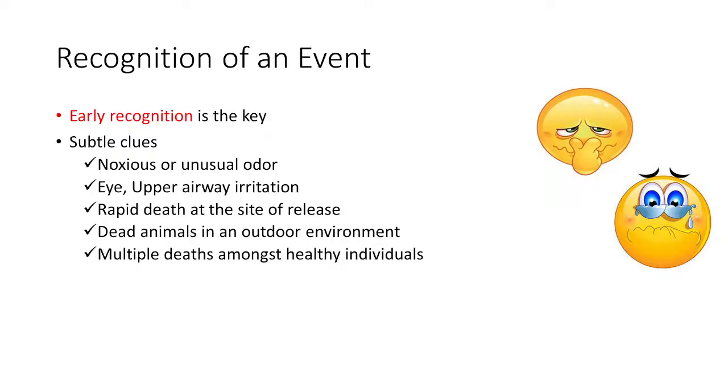There is some unusual odor, some irritation, and apart from that, they will also report that a lot of healthy people, who were earlier healthy with no comorbidity, are dying with the same signs and symptoms. There may also be mortality in animals and birds. If these things are there, then you suspect that something is wrong, and you start searching for it.